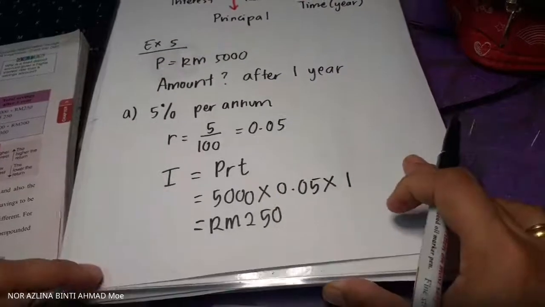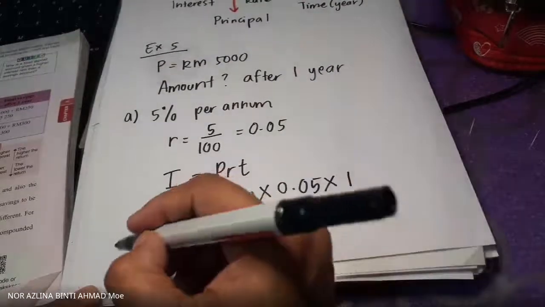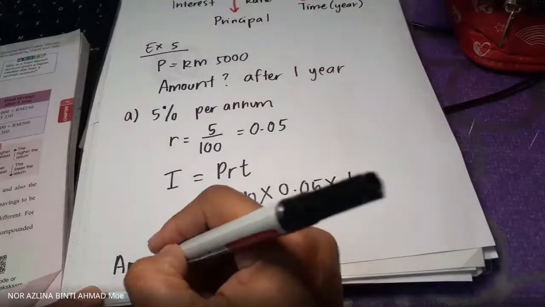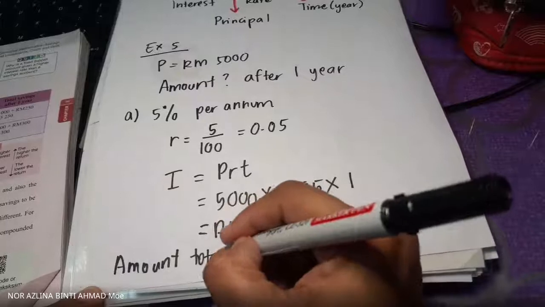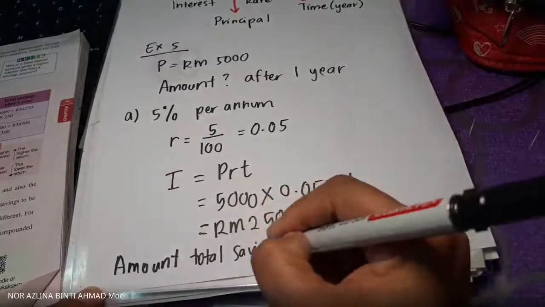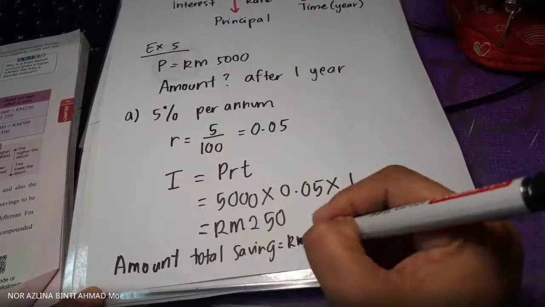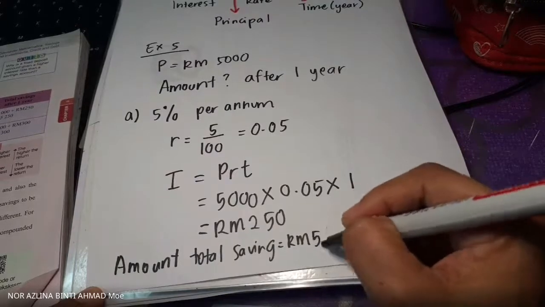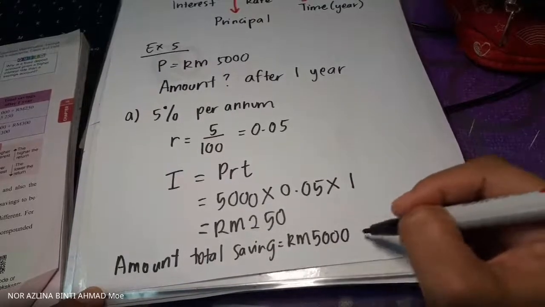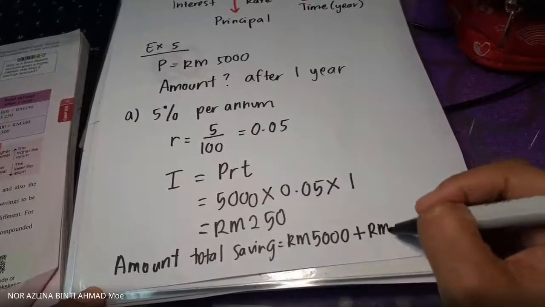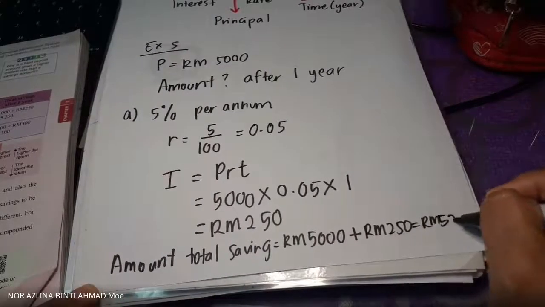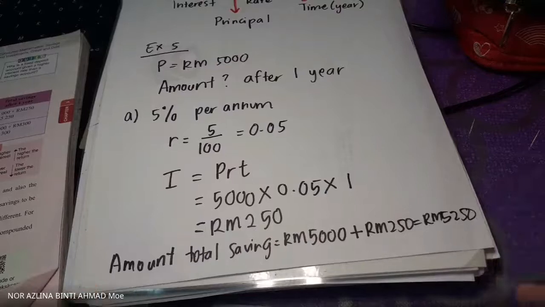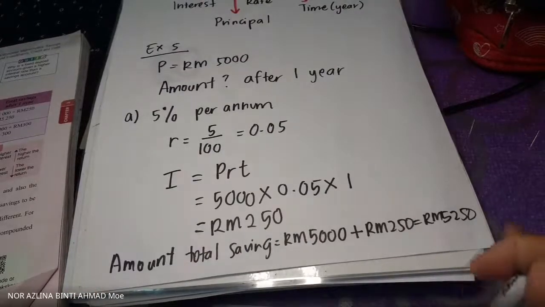This is interest. The question asks you amount, total saving. So RM 5,000, that is the principal, plus interest. So the final answer is RM 5,250. Okay, next.